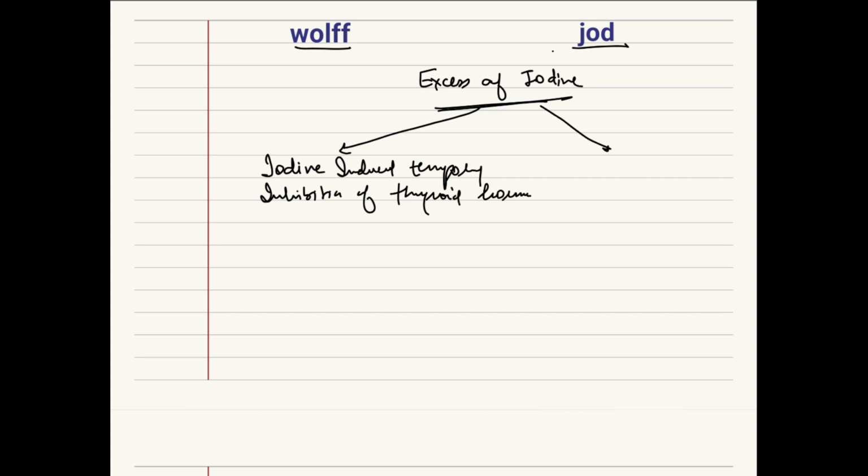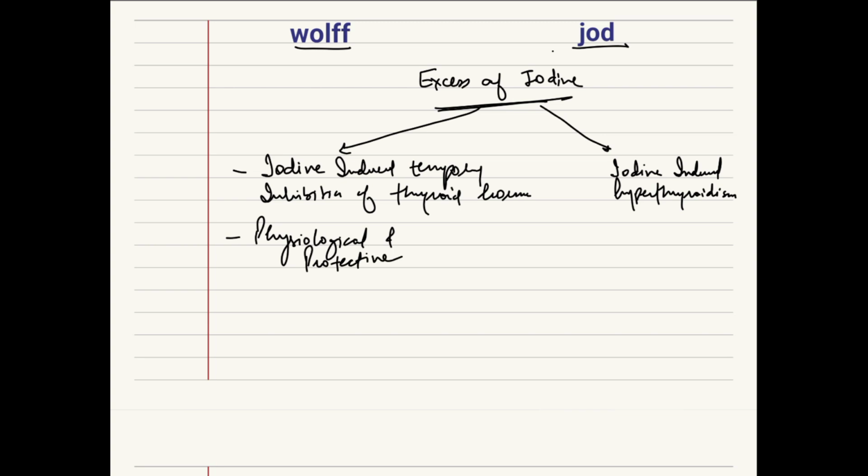There is iodine-induced hyperthyroidism. The Wolff effect is a physiological and protective mechanism, whereas Jod is a pathological effect in pre-existing thyroid condition.